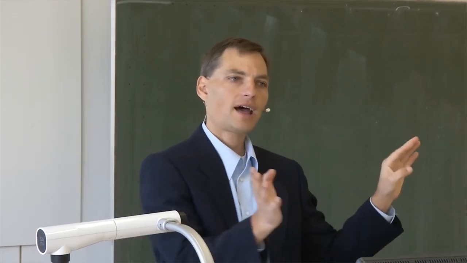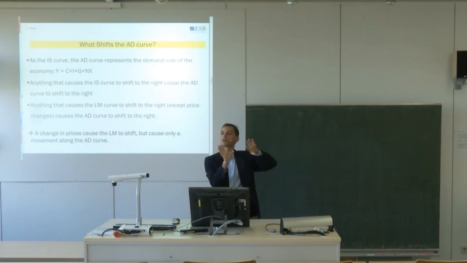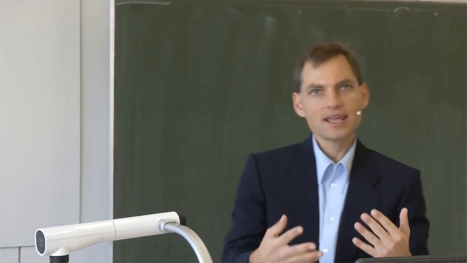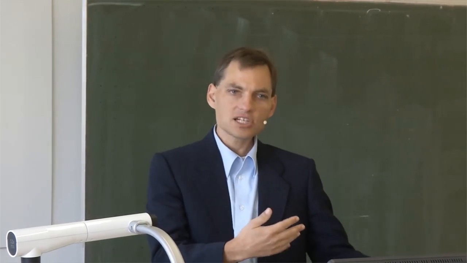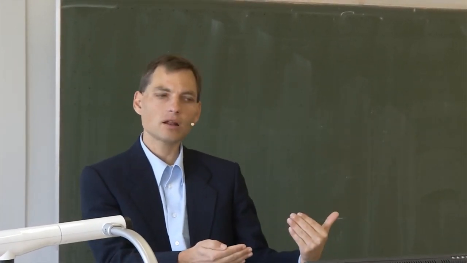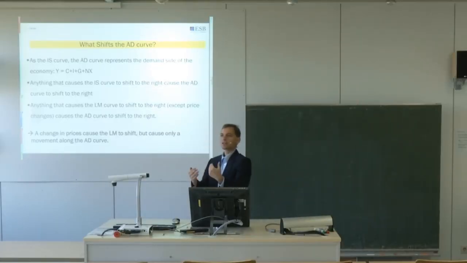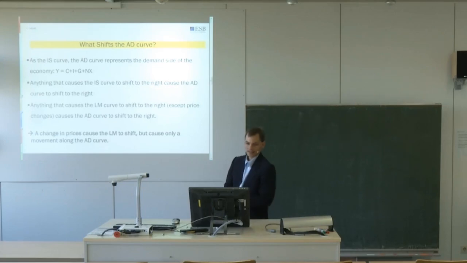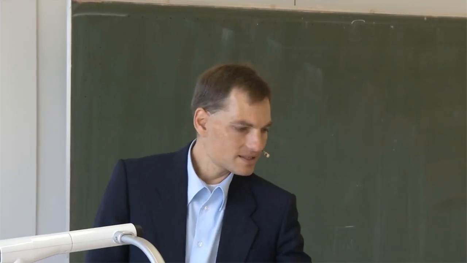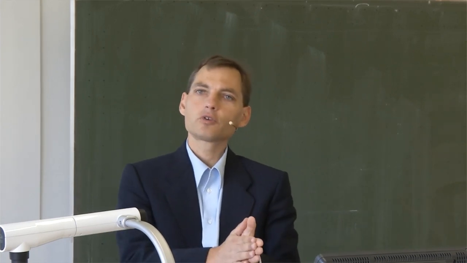And all the factors that shift the IS curve and the LM curve to the left, what we already discussed in the ISLM model, will affect my AD curve and shift the AD curve to the left. So there is nothing new. You just have to use the knowledge we already learned about the ISLM model and the factors that shift the ISLM model, and then you know already in which direction the aggregate demand curve is shifting. For instance, we discussed that a higher consumption shifts the IS curve to the right.